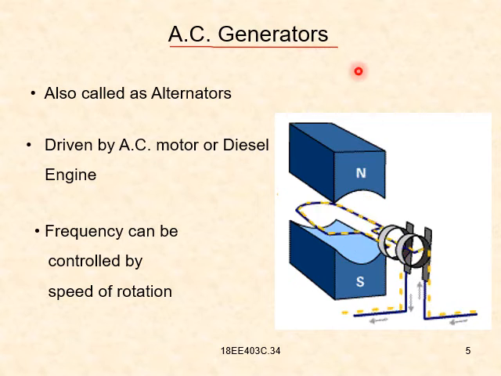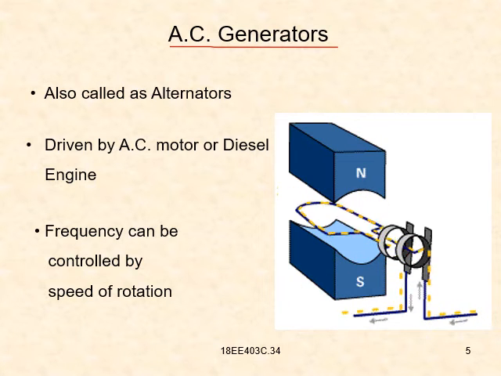So this AC generator is also called an alternator, and since it is rotating, it can be driven by an AC motor or a diesel engine. The frequency can be controlled by the speed of rotation.